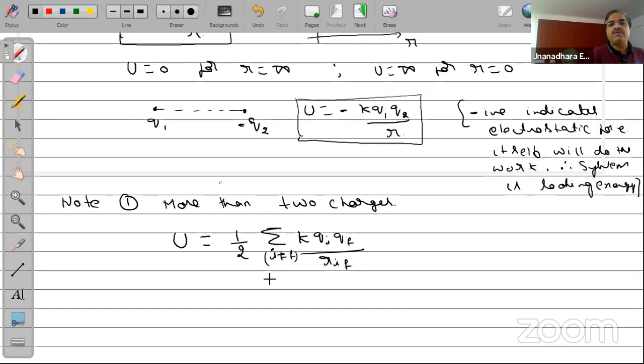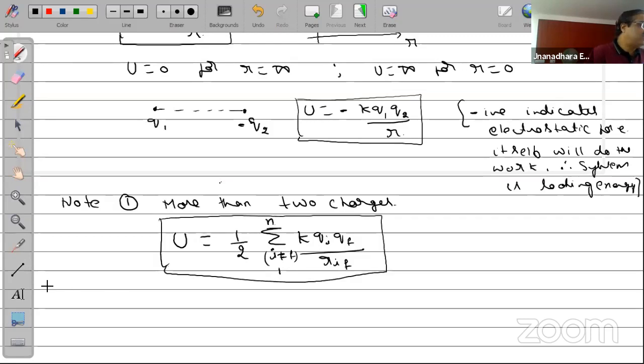That is the only condition you have. Other than that, they both can have values from 1 to n. So if you have n number of charges, this is how you find out the total potential energy. If you have all written down this, I'll go to my next page.